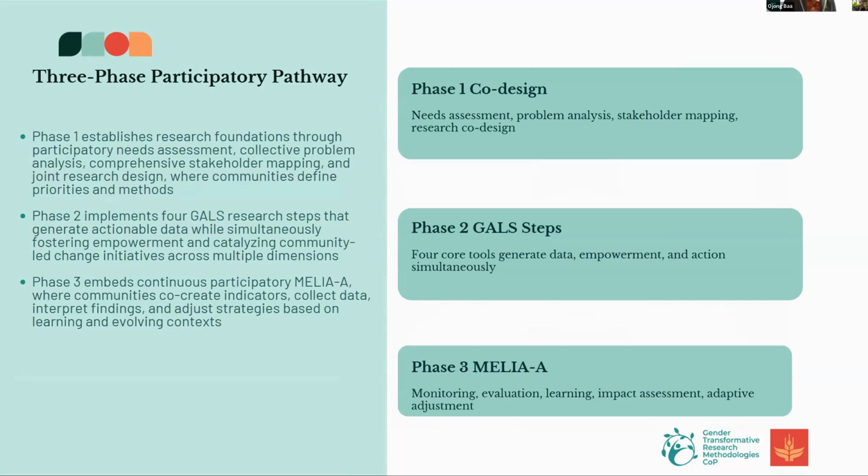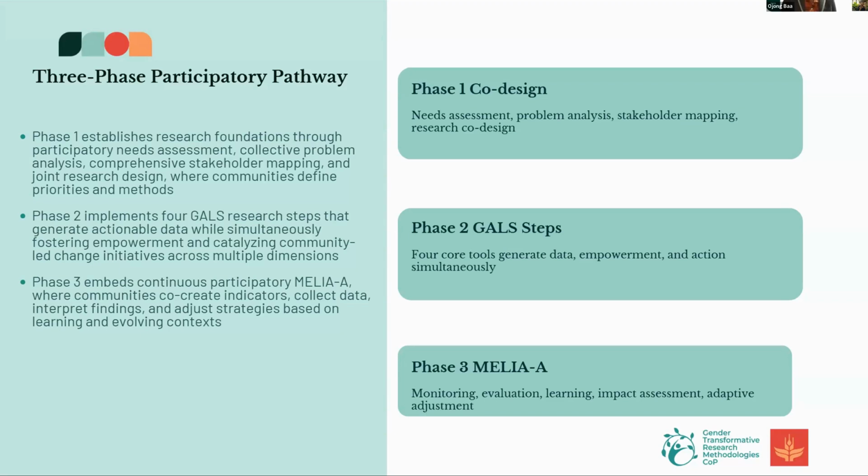The phase 1 for this is really a research co-design phase. And what this phase does is it establishes the research basics, the foundations through which participatory research can be done. So it brings in the needs assessment, how to collectively think through problem analysis, how stakeholder mapping can be done within the intervention you're carrying out, but also how joint research can support communities to design what they want.